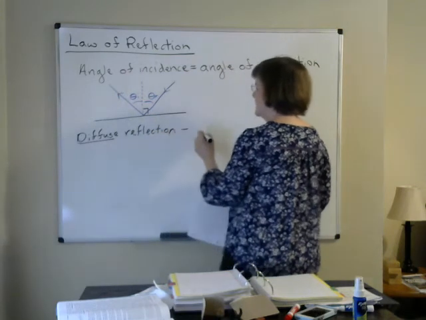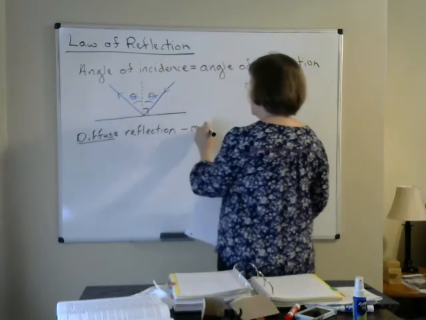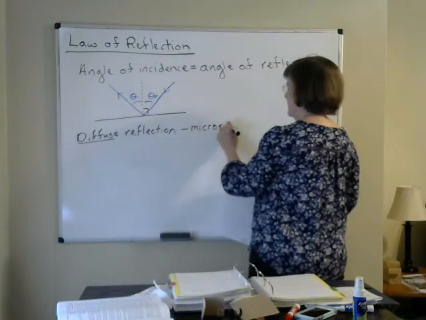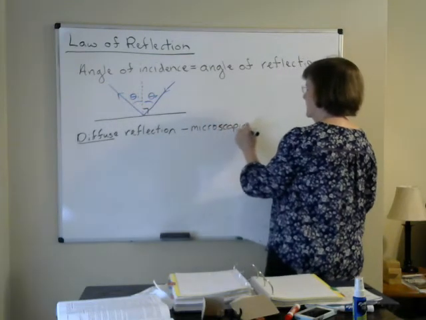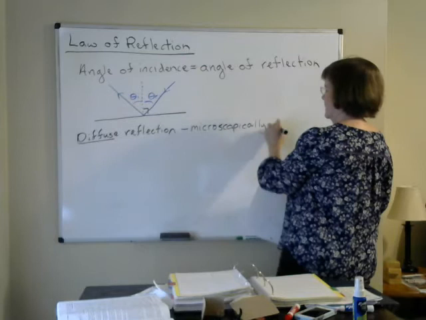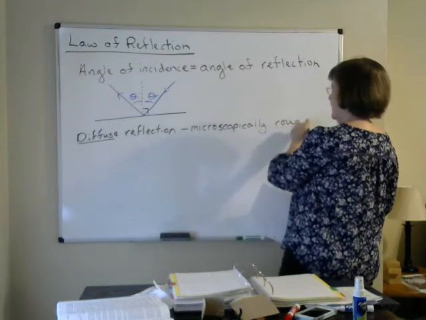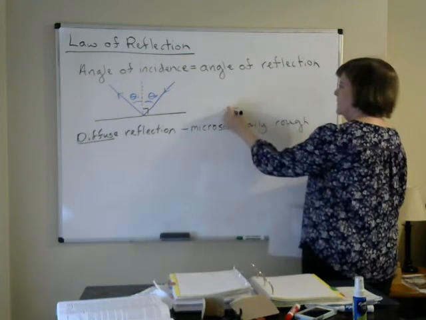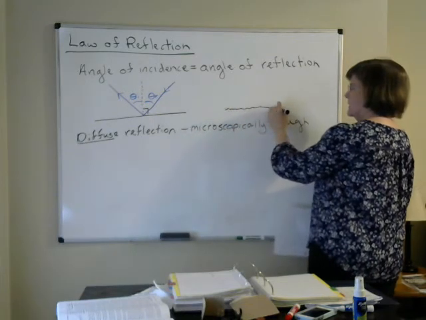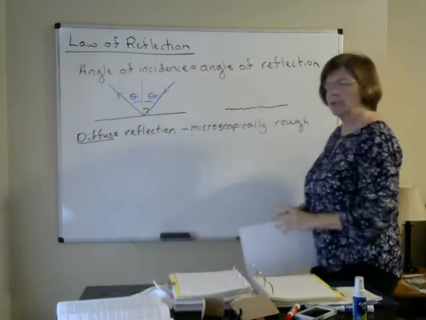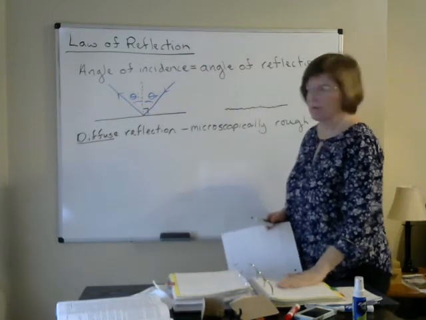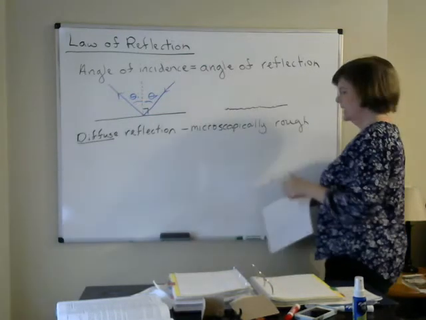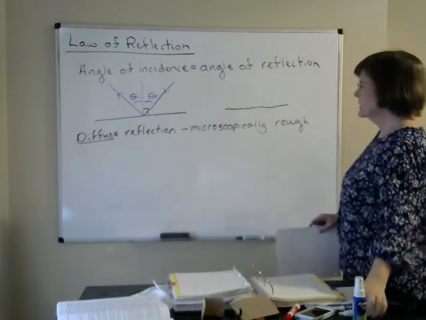That happens when something is microscopically rough. If something's rough on a microscopic level, it may feel smooth, just like this sheet of paper feels smooth, but if I looked at it closely, it's really not smooth.